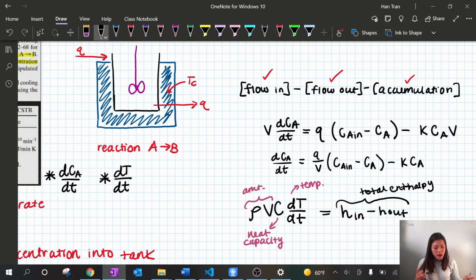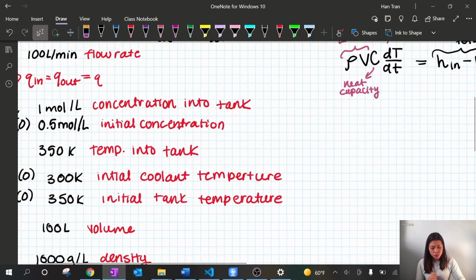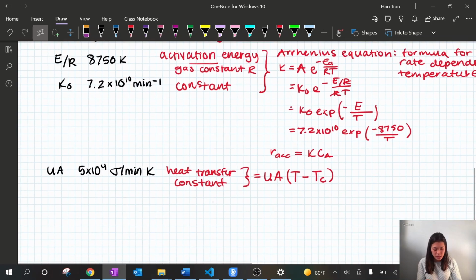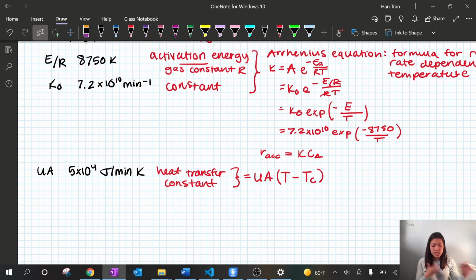But we also have another heat transfer between the tank and the coolant in the cooling jacket. If we take a look down here at our parameters that we already established, we talked about the heat transfer constant, and how the heat transfer constant multiplied by the difference between the temperature in the tank and the coolant temperature gives us the heat transfer between the tank and the cooling jacket.